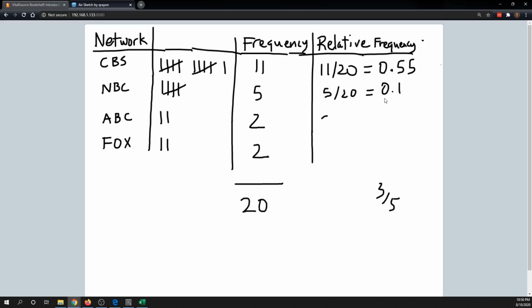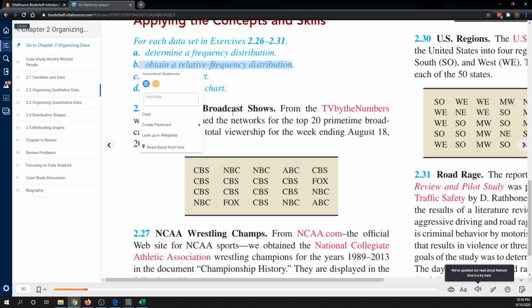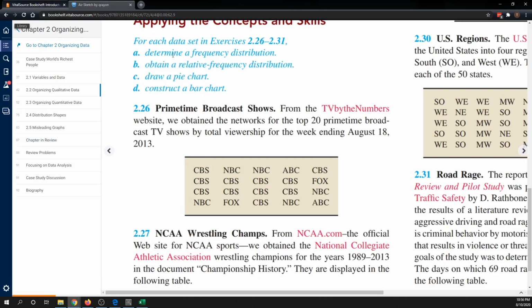And the relative frequency for ABC would be 2 out of 20, and same thing on this one right here. 2 out of 20 for Fox comes out to be 0.1 as a decimal there. And so that would be the relative frequency distribution for problem 2.26b.